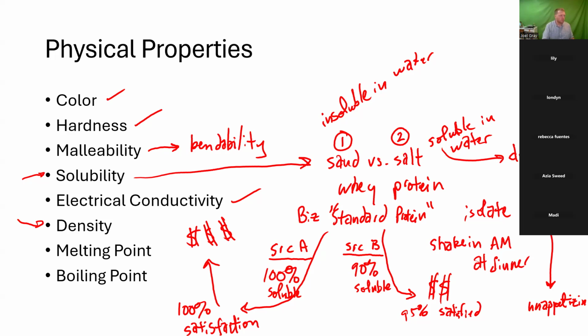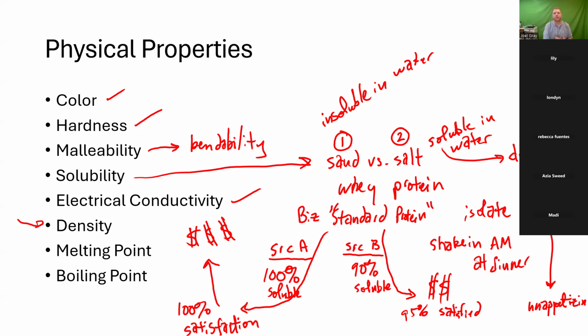Okay. So what I really just wanted to stress was that solubility is a physical property. Everything has physical properties, and solubility is just one example of them. If something goes into solution, if something dissolves in water, then it's soluble.